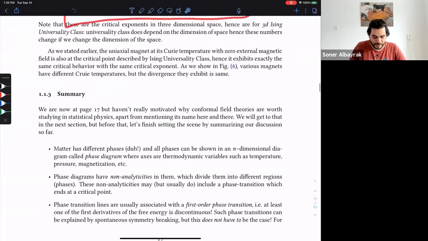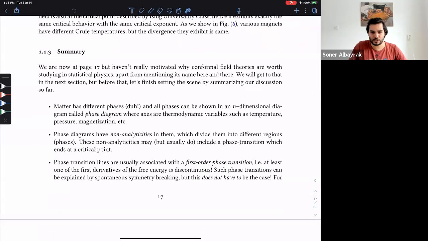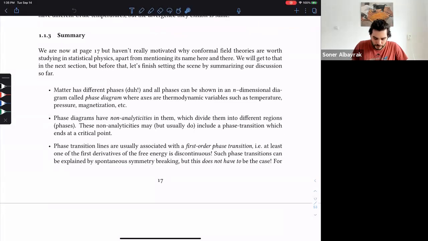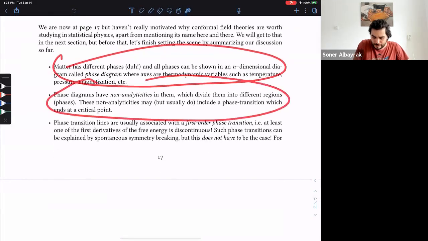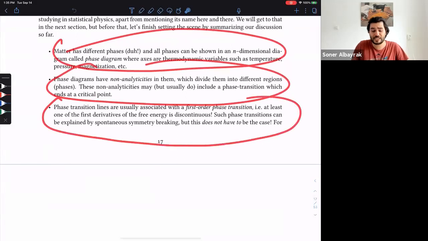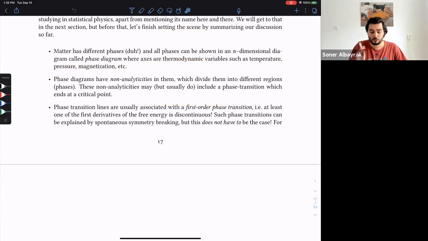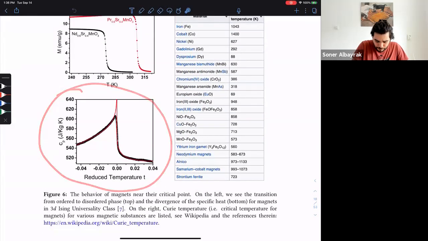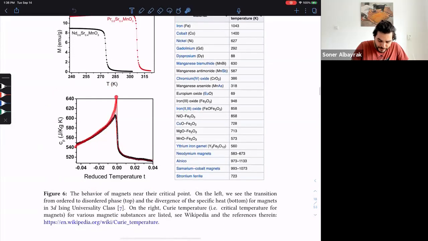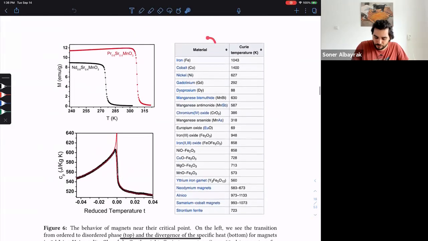Good. So this was like a summary of yesterday, what we talked about yesterday, and a little bit more. In summary, we talked about the phase diagrams, we talked about the non-analyticities, that these correspond to phase transitions that we can divide as first order and continuous. And here you can see, for example, this divergent behavior. If you fit this data like t to the minus alpha, let's say, we can compute this alpha, and this is the same alpha for all of these magnets at their critical temperatures.